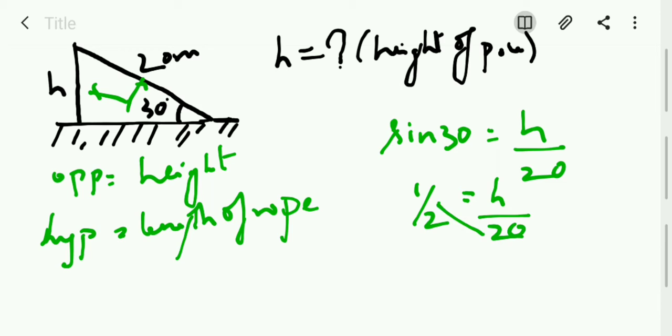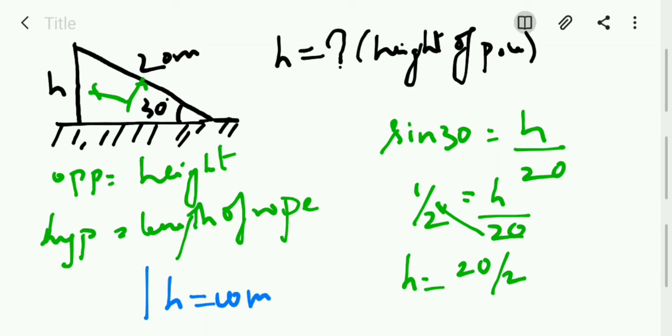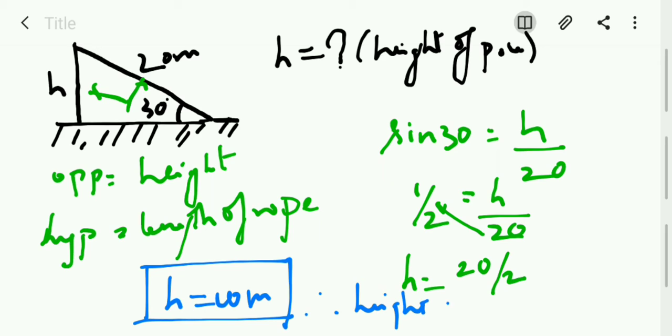Now if this 20 goes here, what will h be? h will be 20 by 2, which is nothing but 10 meters. So therefore you need to write it in words: height of the pole is 10 meters. Easy. So this is how you need to solve it, guys.